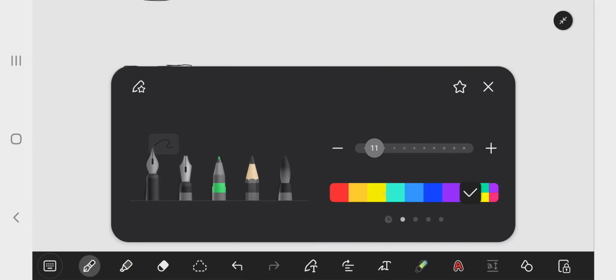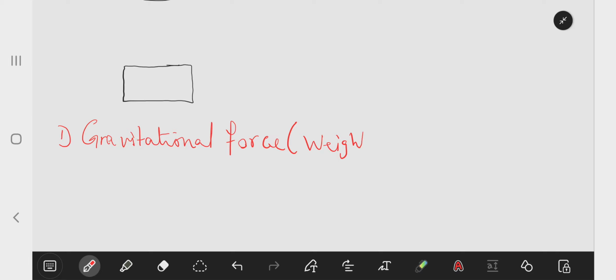So force number 1 that can act on that object is your gravitational force. So your gravitational force is your weight of the object.